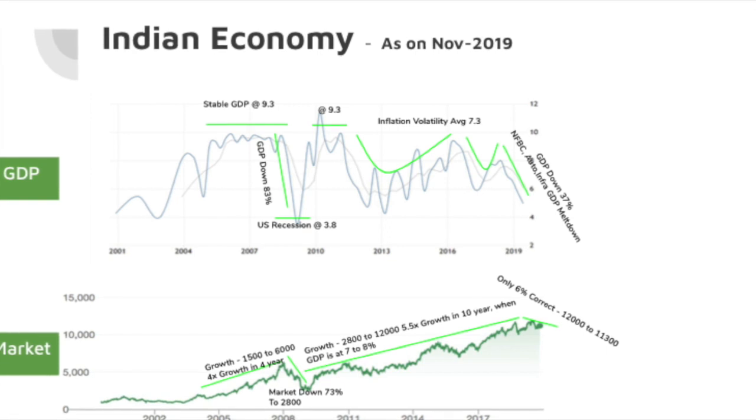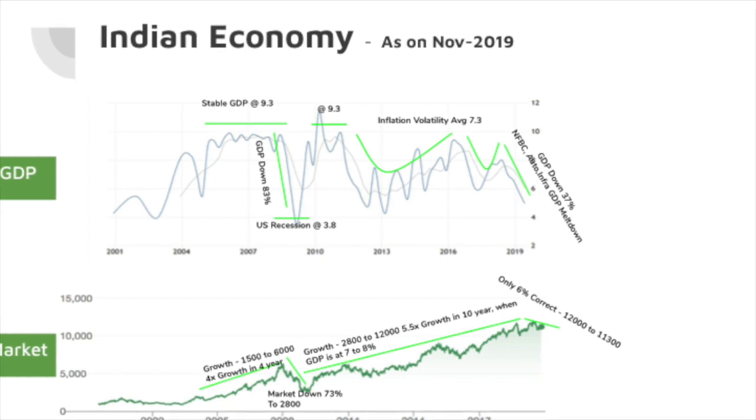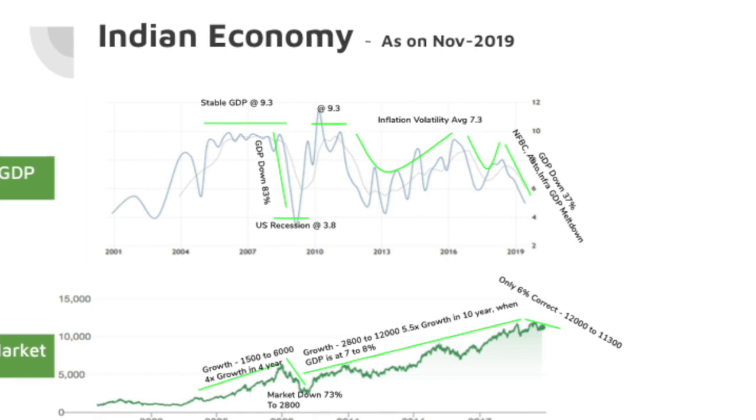Now, in late 2019, starting the May June time frame, our GDP number dipped drastically from 7.3% to 5.5%, right? Which is close to 37% down on our GDP numbers. That's mainly due to a lot of factors.